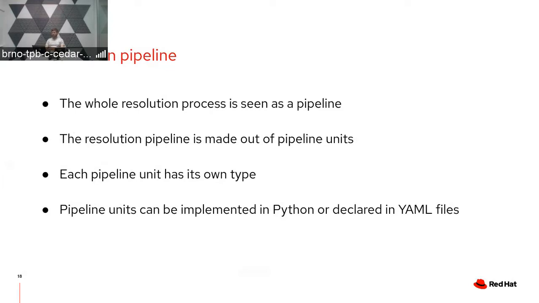They can fix overpinning issues or underpinning issues, or they can consider requirements on the runtime environment outside of the Python packaging standard. So, for example, a pipeline unit can adjust resolution of TensorFlow version, considering CUDA version that is present on the client's machines. So these are the pipeline unit types.